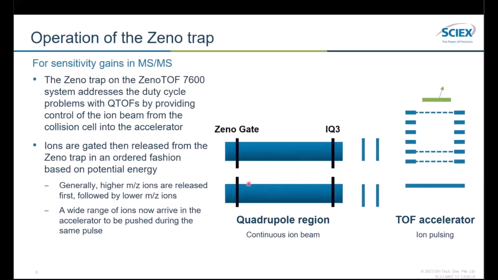All the ions in the quadrupole are trapped and then released to reach the TOF accelerator. All the ions reach the TOF accelerator at the same time, and then they hit the detector. So what we are doing is controlling the ions here, and then we release them all together as a packet so that more ions reach the detector and you get higher duty cycles. By doing this, we were able to achieve a duty cycle of more than 90%.